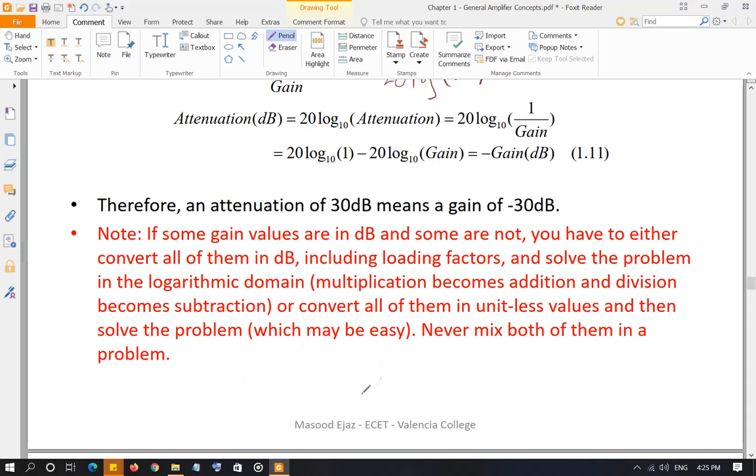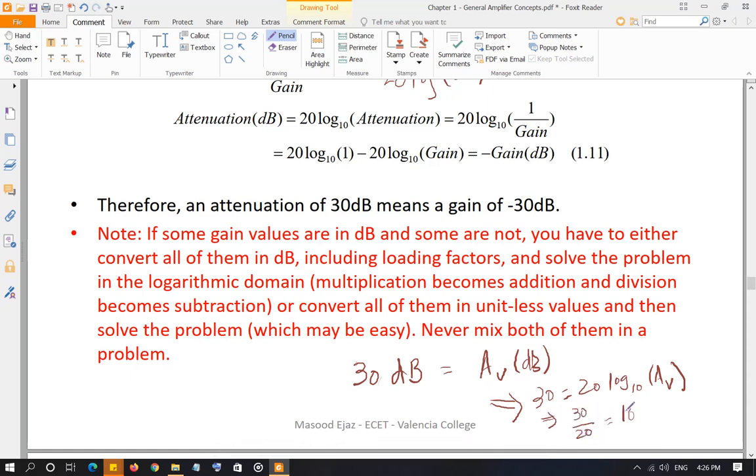For example, let's say AV in decibel is 30 decibel. That means 30 is equal to 20 log 10 of AV in unitless quantity. So 30 divided by 20 equals the logarithm of AV.